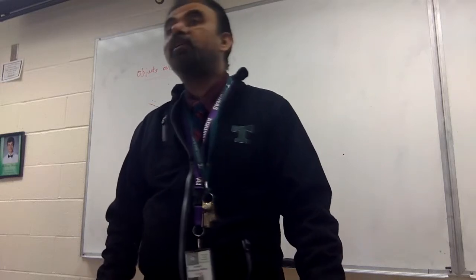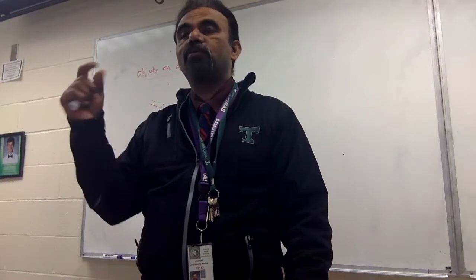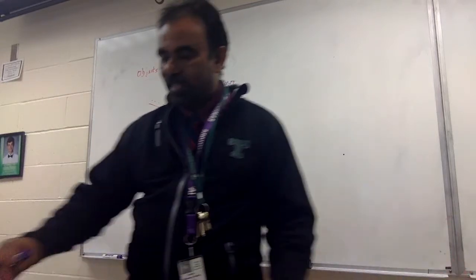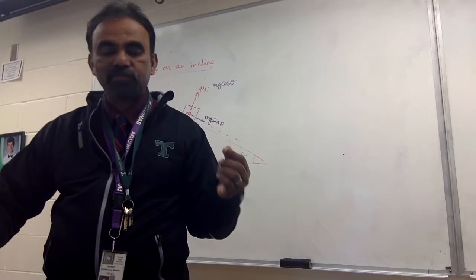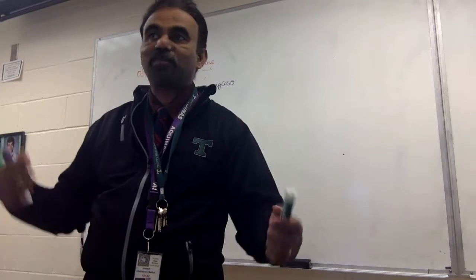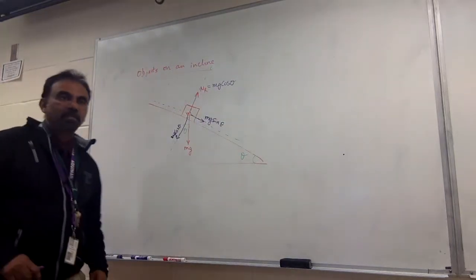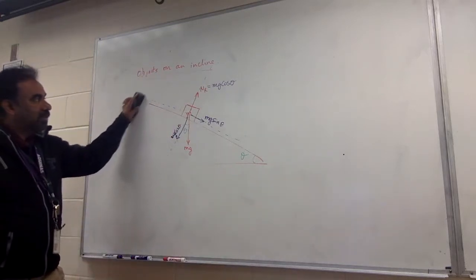Because mg sine 0. What is sine 0? 0. So there's no attempt to go. Now when that angle becomes even 1 degree or 2 degrees, you can see it starts moving down, right? Because now there's a component of gravity in that direction and it starts working from there. Okay? We will delve into those things as we keep going.